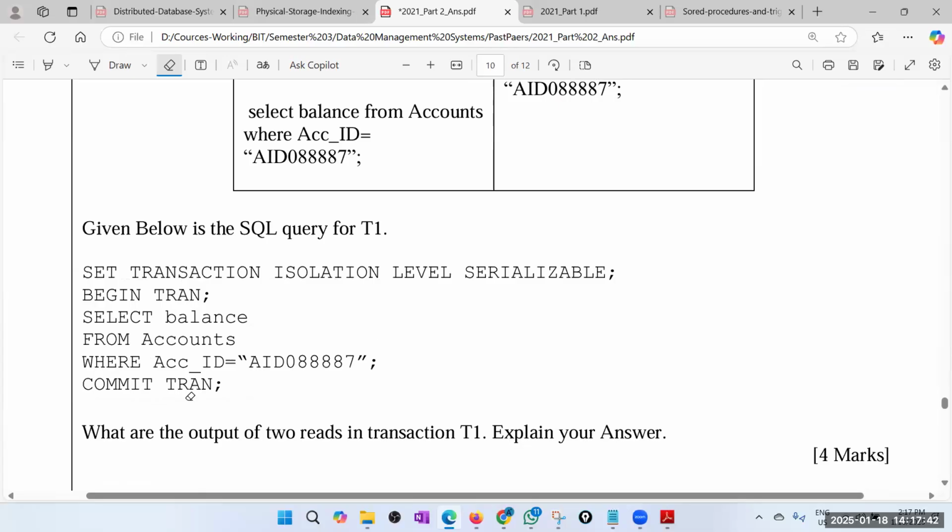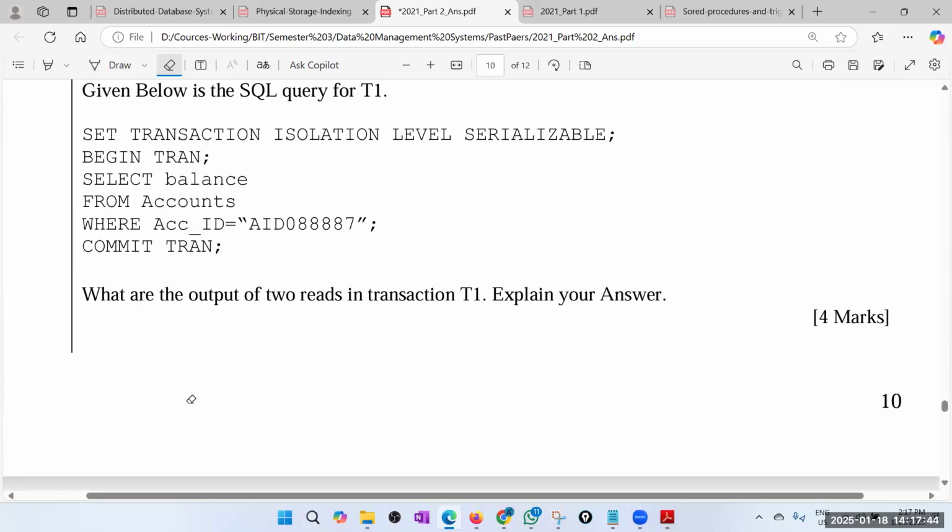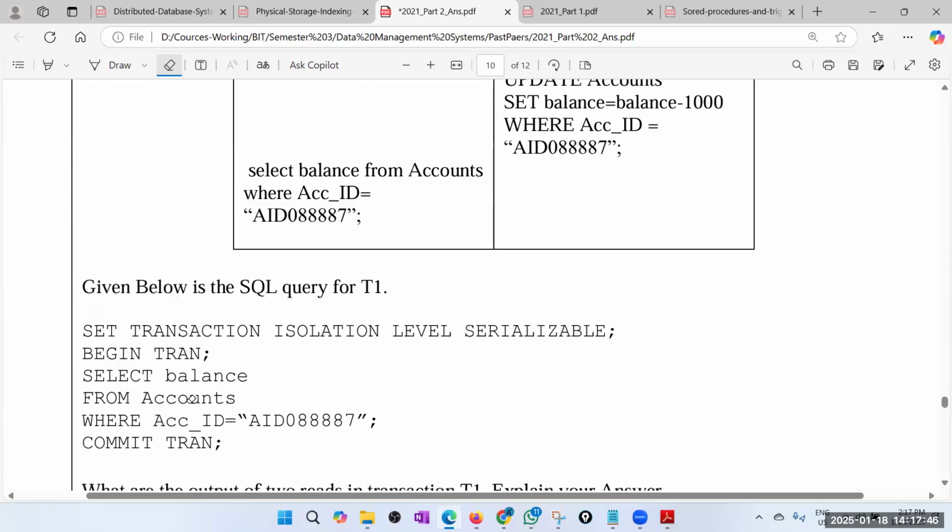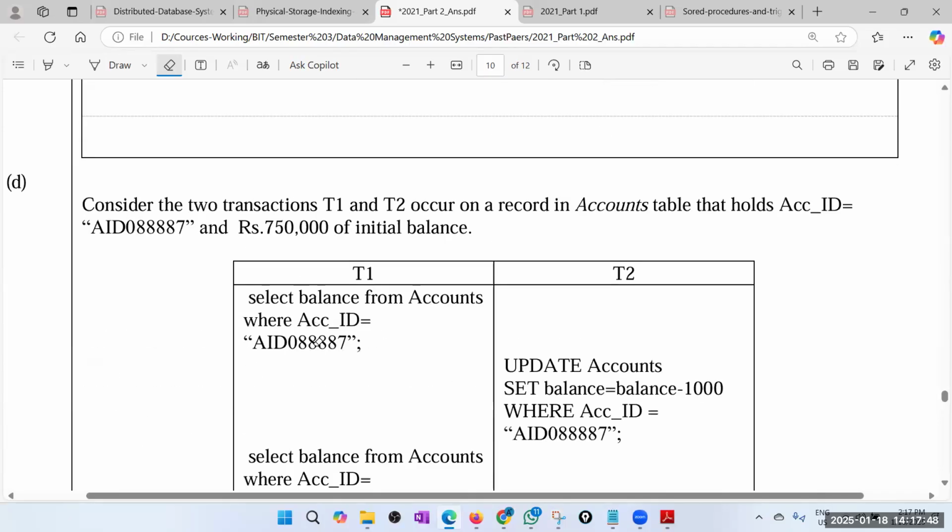And this is the SQL. What are the outputs of the 2 reads in transaction T1? Initially you will get one value, the balance, 750,000, because for this account ID, that is the balance.